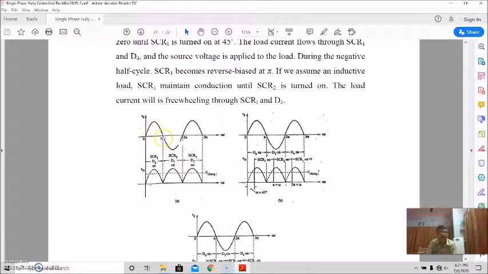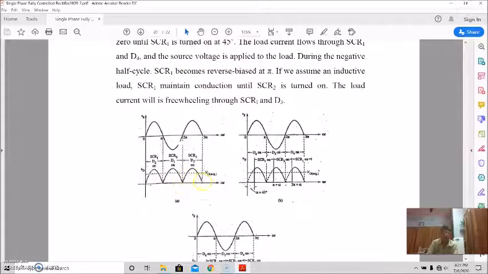If you go again to the circuit diagram, you will find SCR1 and diode D4 conduct when SCR1 is fired at alpha equal to 0. So this is the waveform. What type of waveform is it?